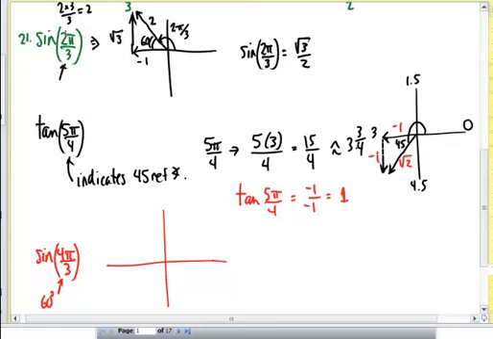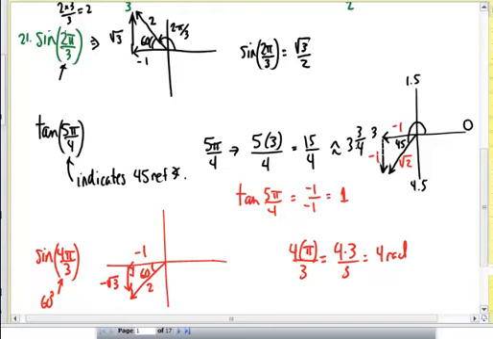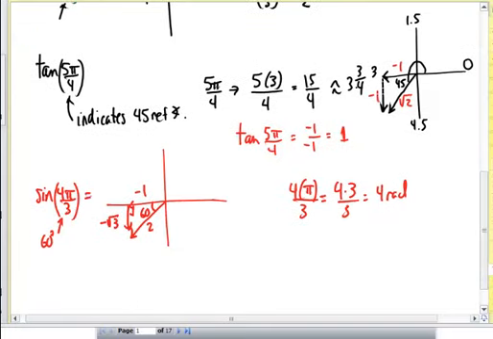This time, you've got to figure out where you are radian-wise. 4 times pi divided by 3 is the same as 4 times 3 divided by 3, so we're at 4 radians. That will again put us in quadrant 3. This is 60, and the sides of this triangle are going to be -1, -√3, and 2, and we know that the sine of that ratio will be -√3/2.